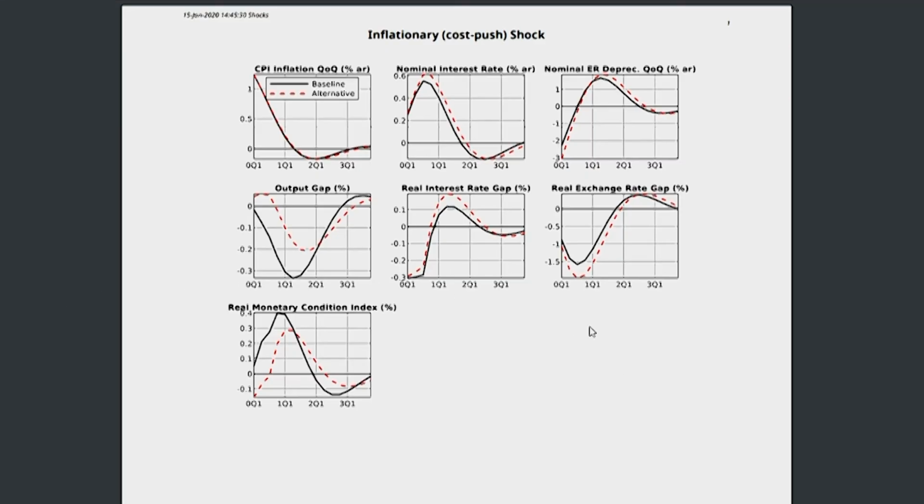Looking at the reaction of the output gap to inflationary cost-push shock, we see again that the output gap goes up, although this time in the first couple of quarters.